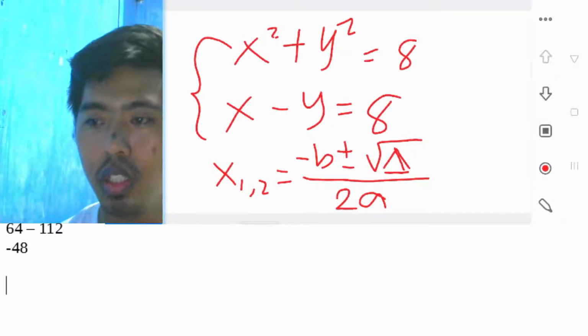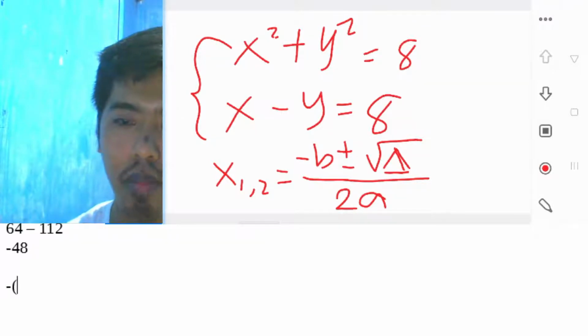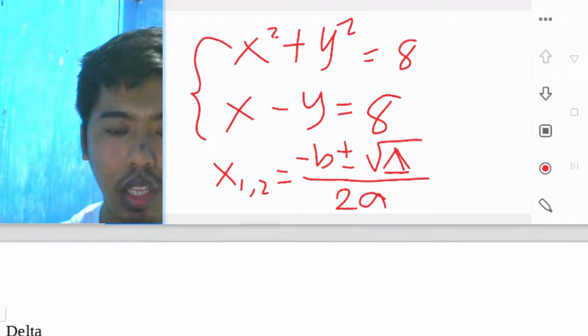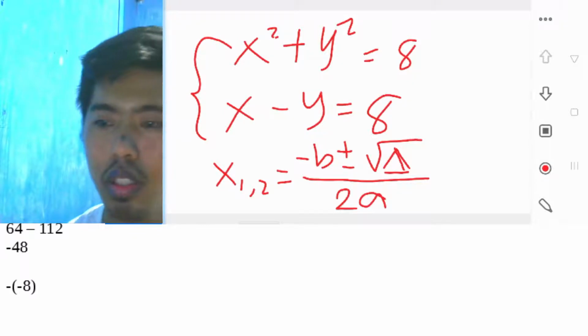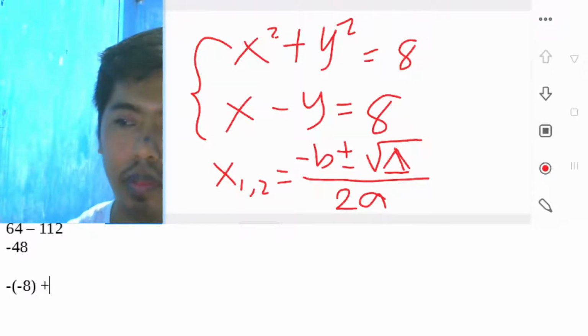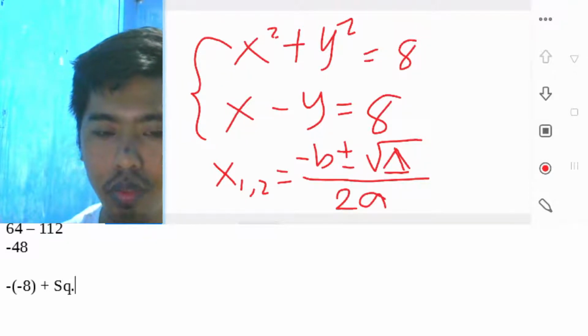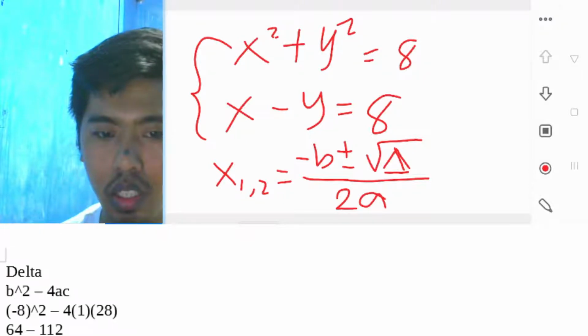Makita niyo sa screen, negative b. The b is negative 8. Negative 8. Okay. And plus minus the square root of negative 48. Nakita na ninyo ang calculator ganiha.